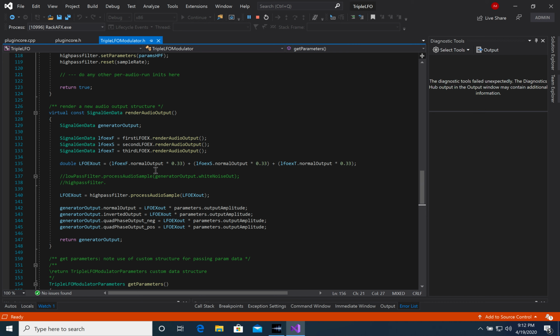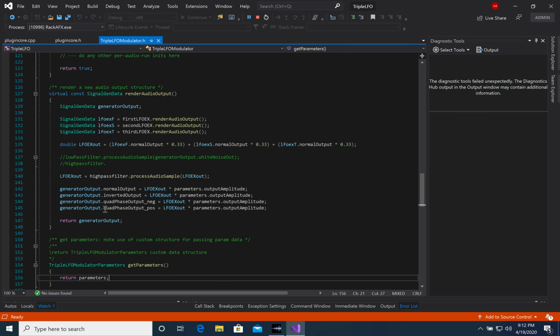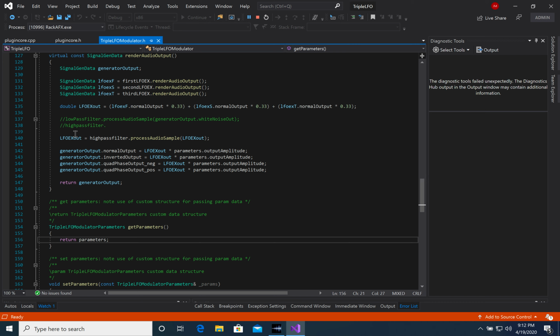So that's why we're multiplying them by 0.33 so they don't overload the signal, and that becomes a triple LFOEX out. So we have all three of them summed together, and then we run LFOEX out through a high pass filter, and then finally that's given four possible outputs: normal output, invert output, quad phase output negative, quad phase output positive, and we return it.